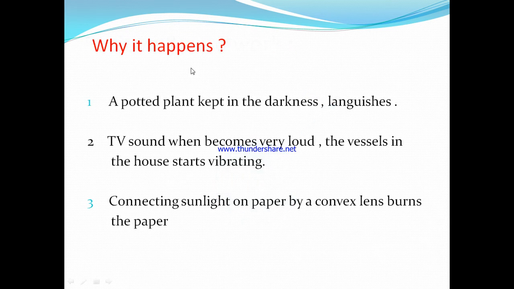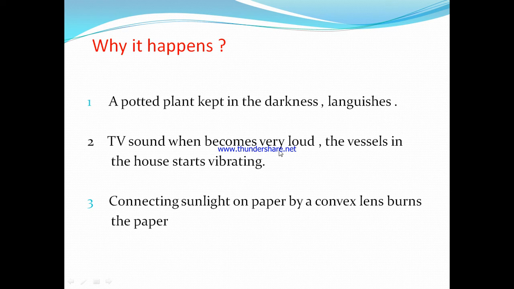What happens? आपल्याला आणखीन एक प्रश्न दिला. Suppose a potted plant is kept in the darkness. It languishes. एक छोटंसं रोपटं अंधारात ठेवून दिलंय. एक दिवसांनी दोन दिवसांनी ते कोमेजून जातं.